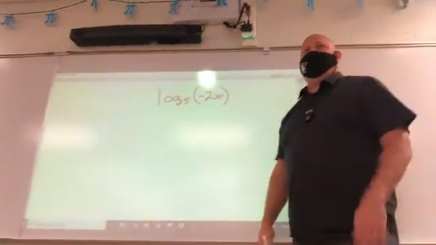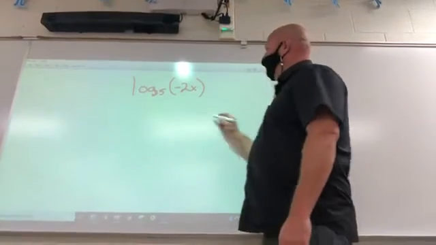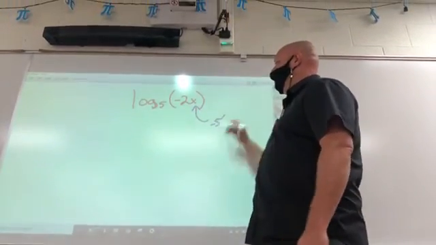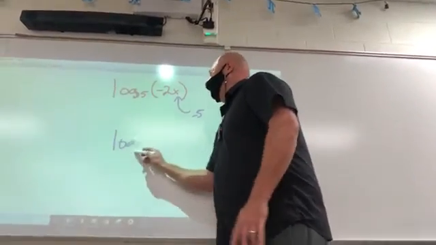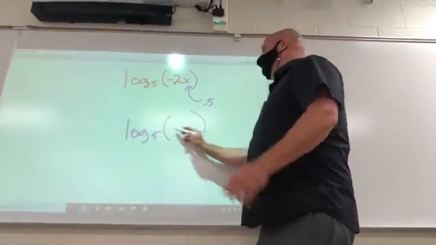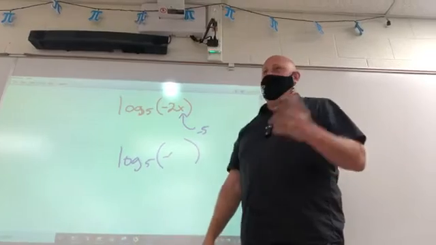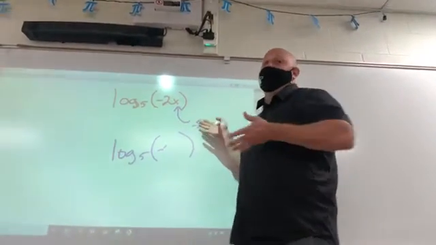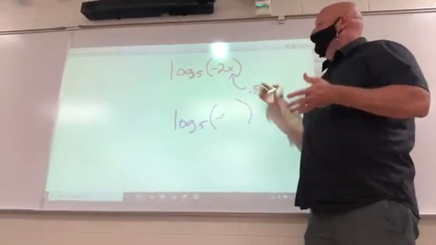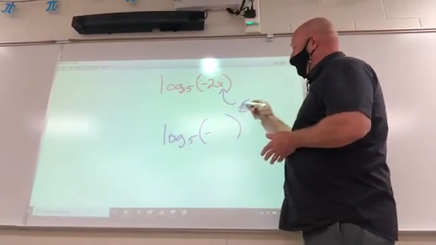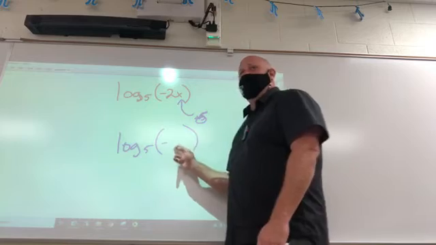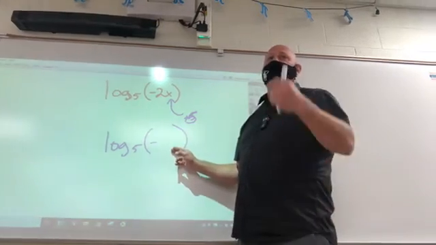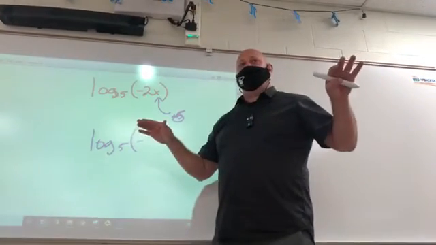If I plug in a negative 5 in there, would I actually be taking the log of a negative number? No, so that'd be a fine solution, right? But if I plugged in a positive 5, not a negative 5, would I be then taking the log of a negative number? Yes, I'd have to throw it out.